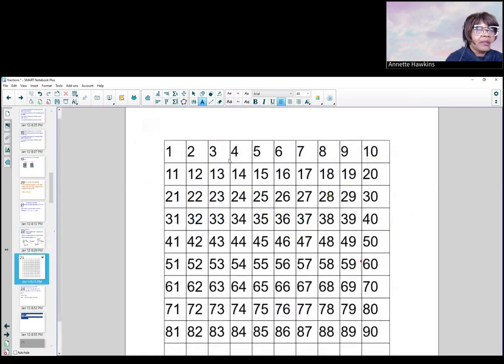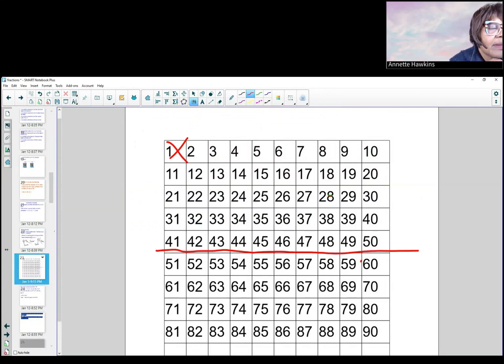Okay, so I'm going to cross out 1. I want the prime numbers up to 50. So here's my dividing line. The first prime number is 2 because it only has 2 factors.